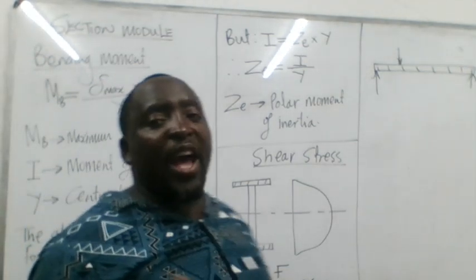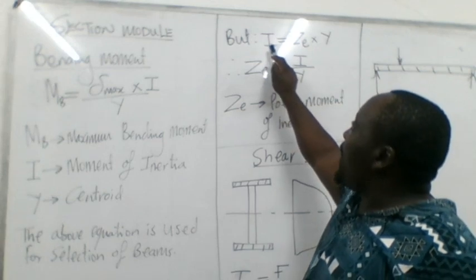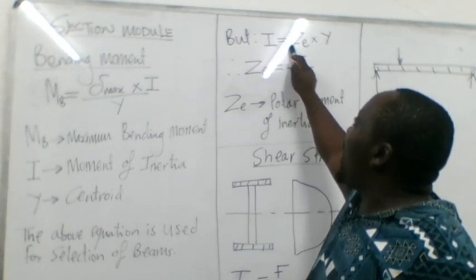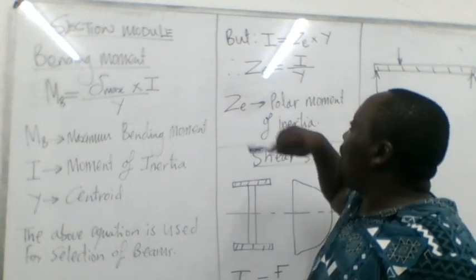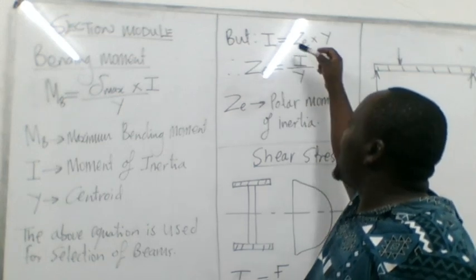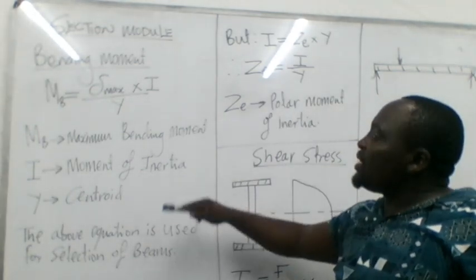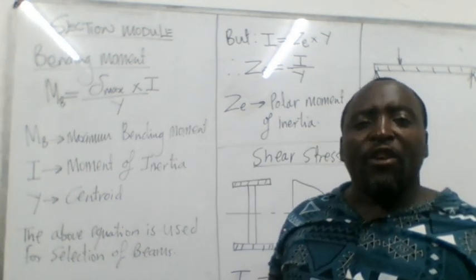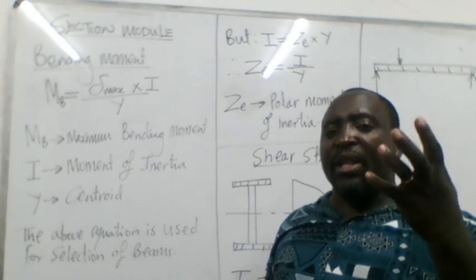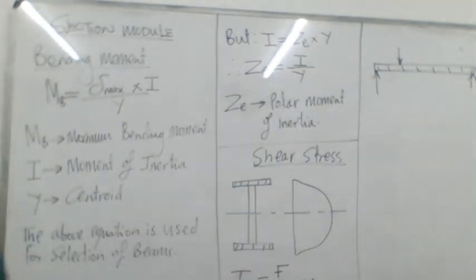Now, to simplify the equation, you find that the I can be simplified using the section modulus, Z, with the Y. So your section modulus is I over Y. This modulus and the moment of inertia you can find in the red book, which will be given to you in the exam for the steel sections.